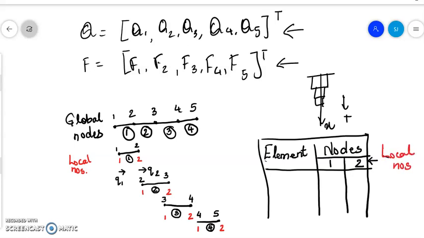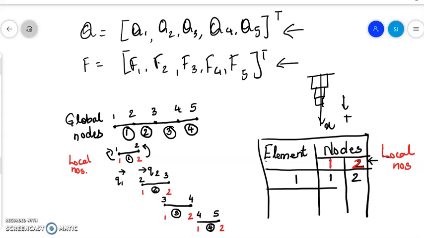Okay, let's start with element 1. So for element 1, the local node 1, let me write this in red, is 1 and this is 2. Local numbers. So for element 1, the local 1 corresponds to the global 1 and the local 2 corresponds to the global 2.